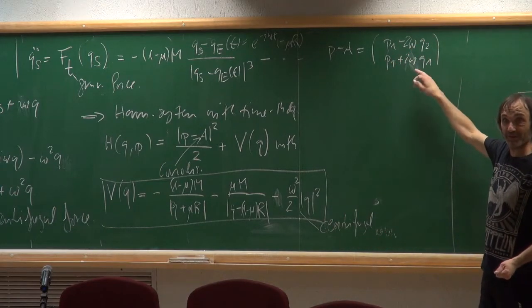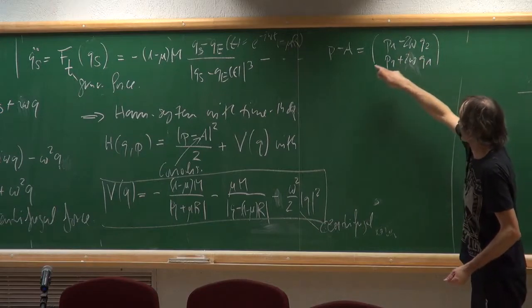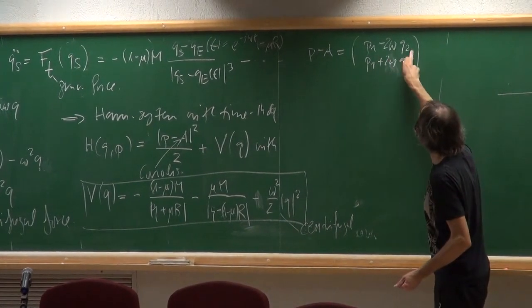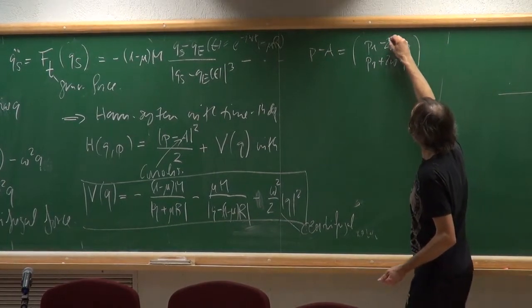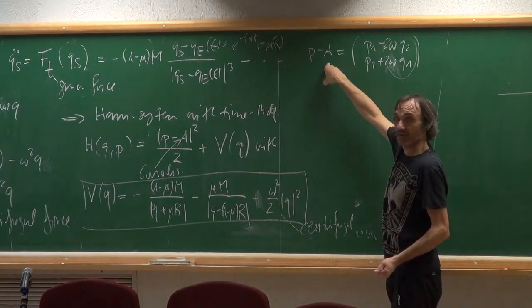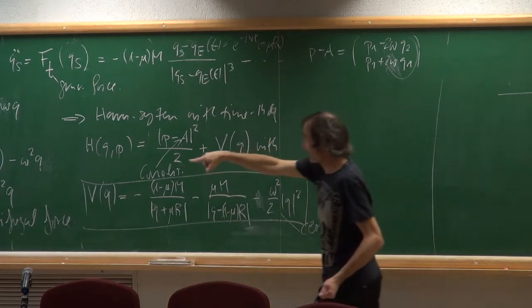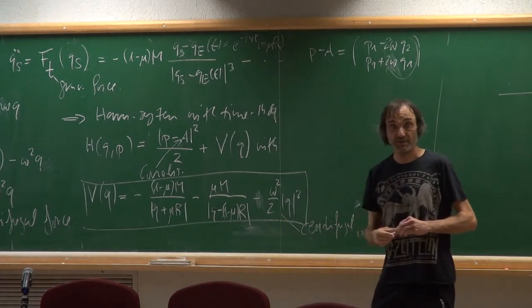I'm not sure of the signs. Yeah. So that if you compute the Hamiltonian equations, then this shift here, this A, the vector potential, will then generate this Coriolis force.